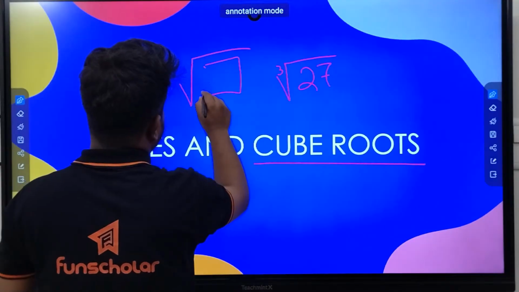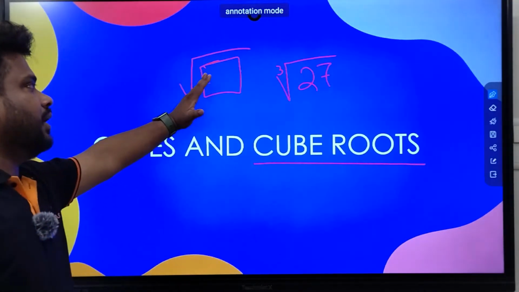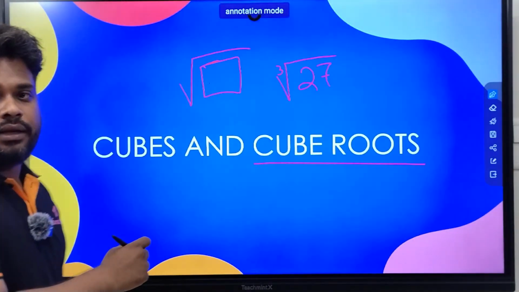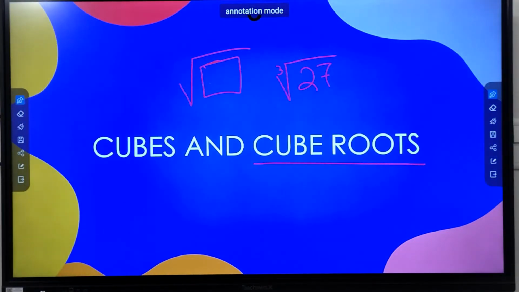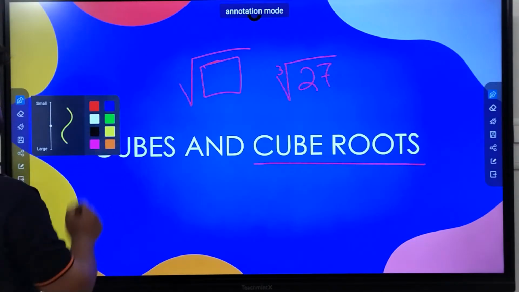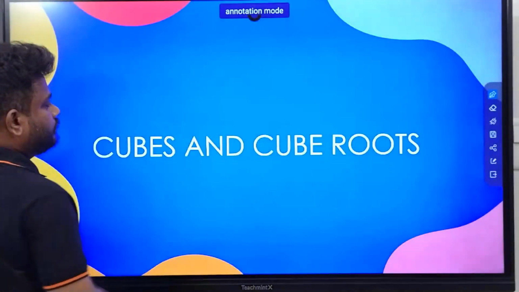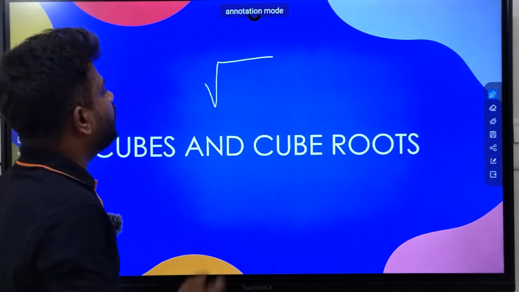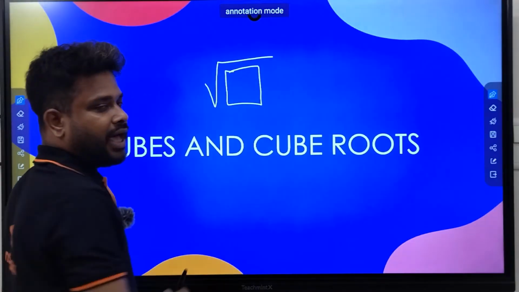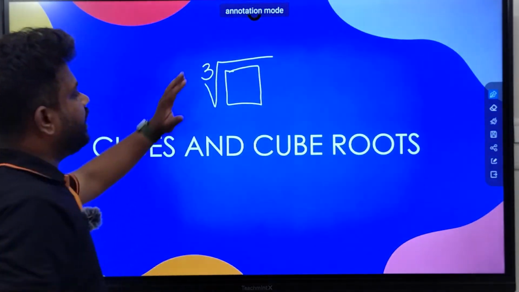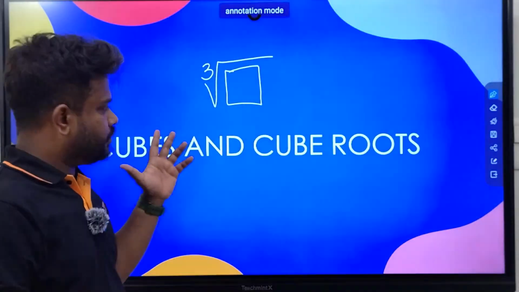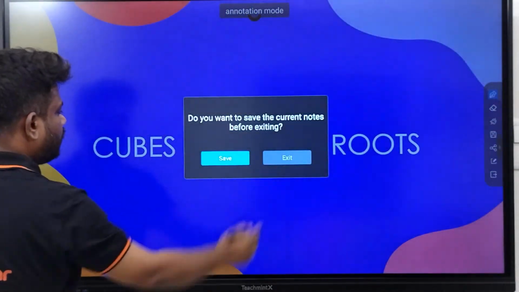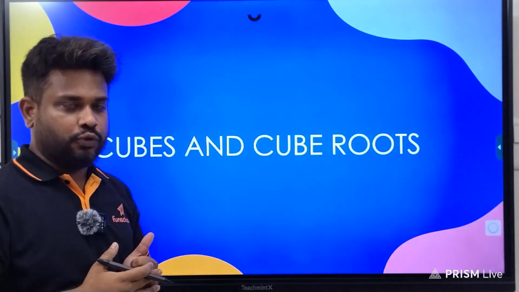Something we have to write in this root position, and 3 would be the power in the root. So this is the chapter named cubes and cube roots.